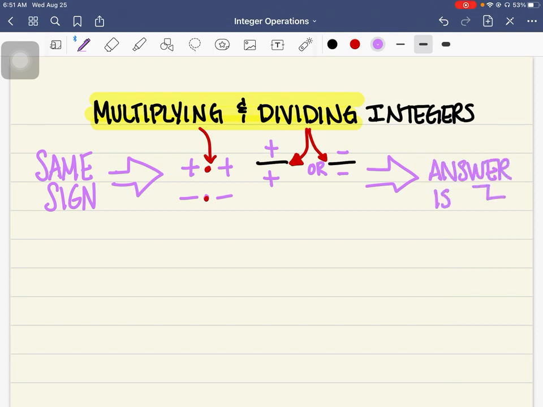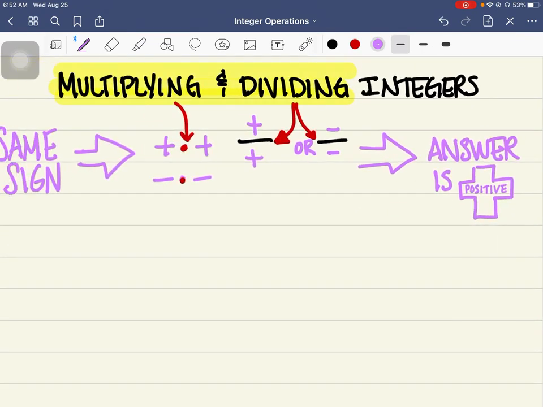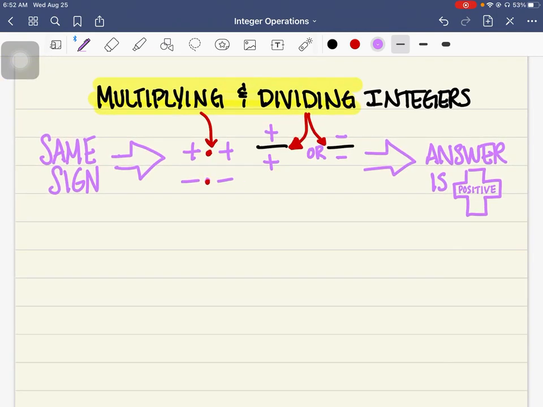All right, if they have the same sign, our answer is positive. The answer is positive.